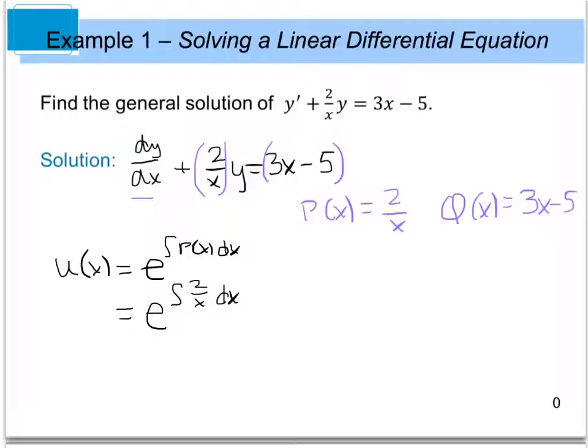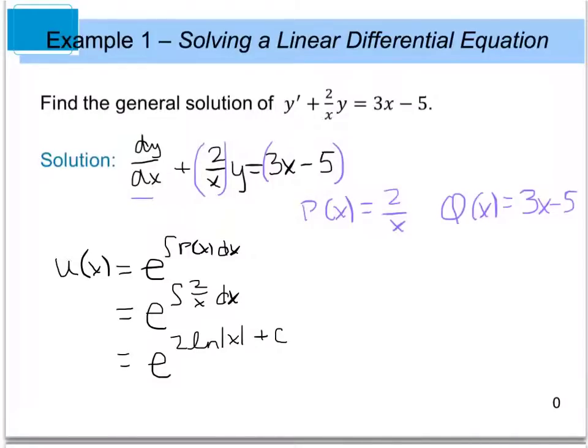And if I integrate 2 divided by x dx, this really gives me e to the power of 2 times the natural log of the absolute value of x plus c.